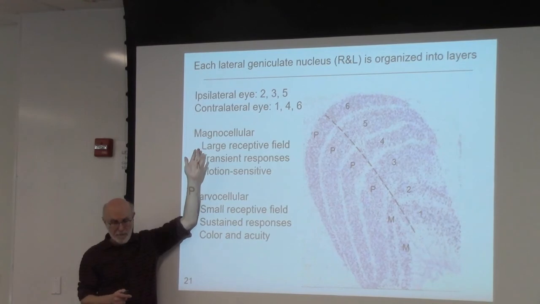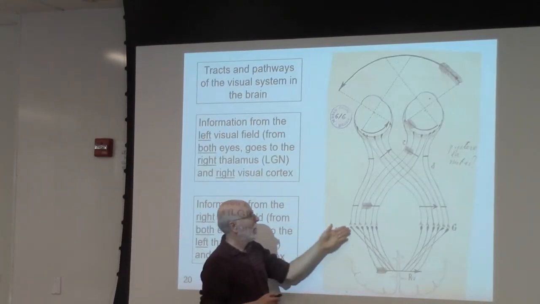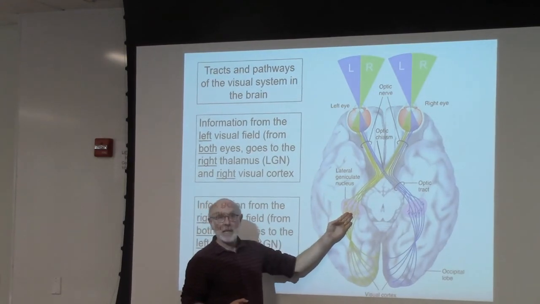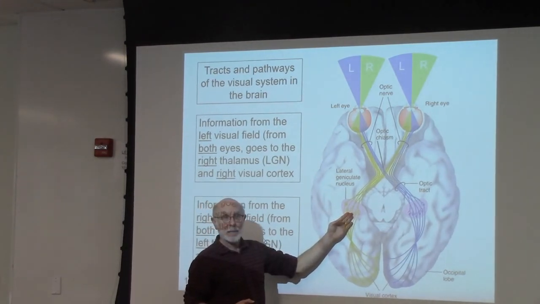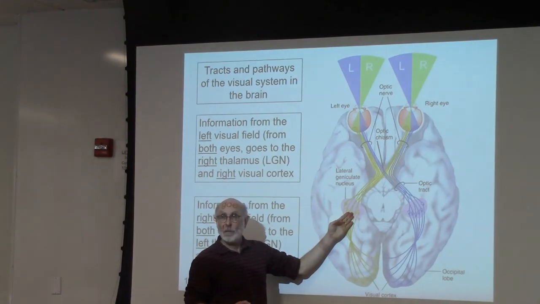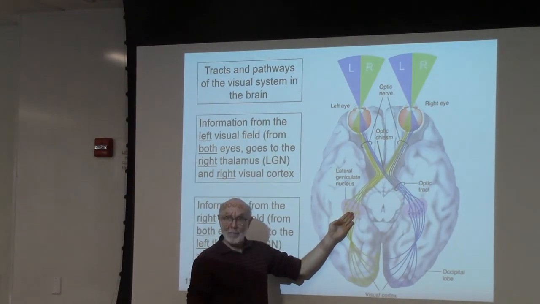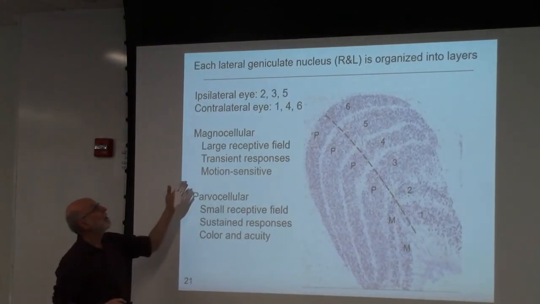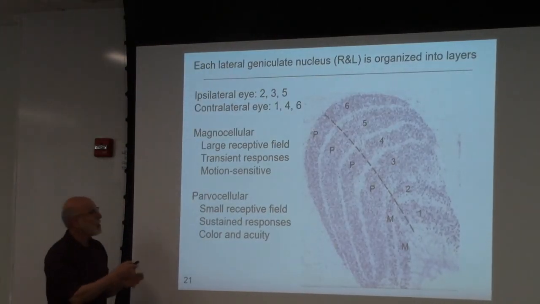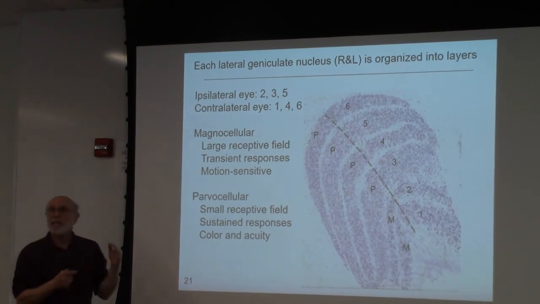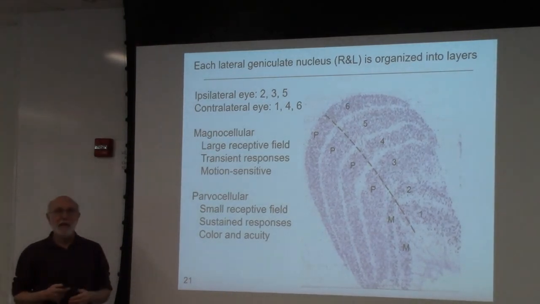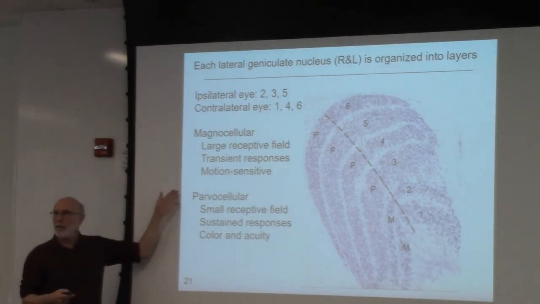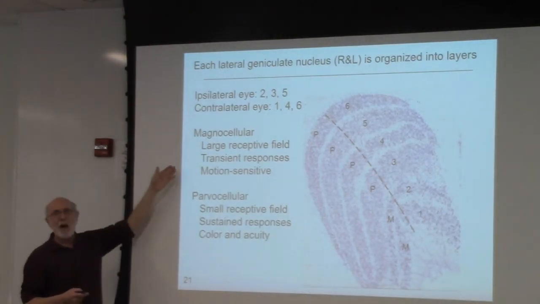Remember, the left lateral geniculate is processing the right visual field from both eyes. The left lateral geniculate nucleus is receiving information from both eyes, but it's segregated into different layers. And there are different cell types in the lateral geniculate nucleus that allow us to process information differently.